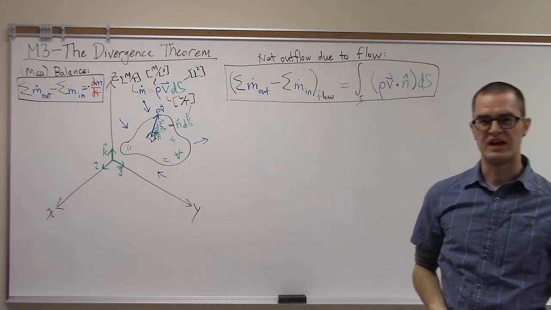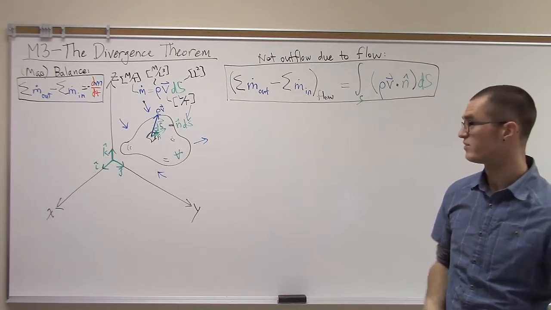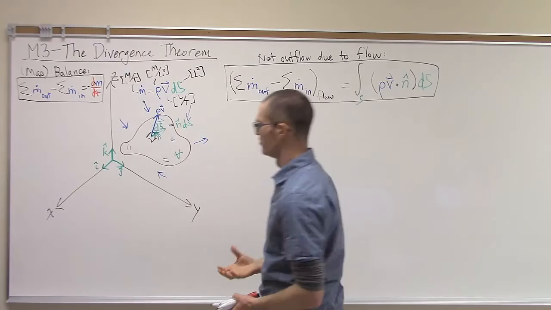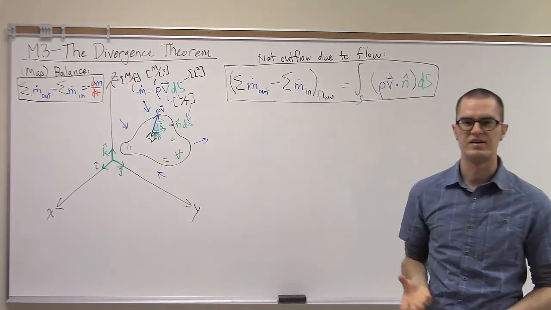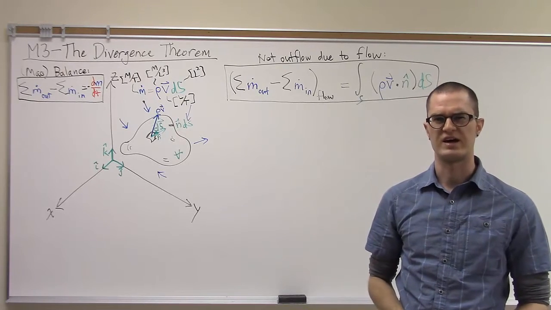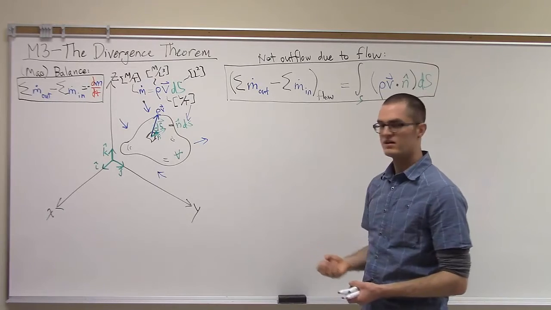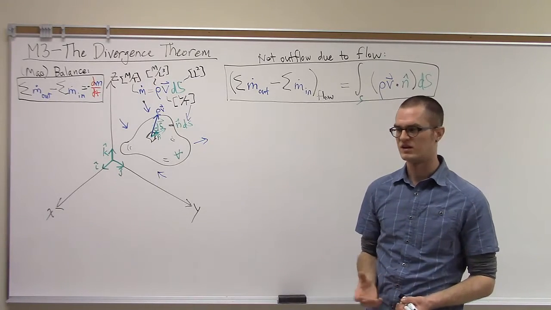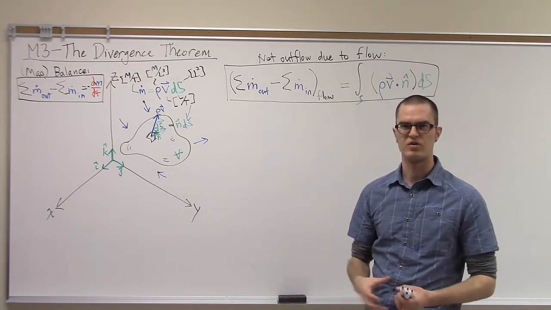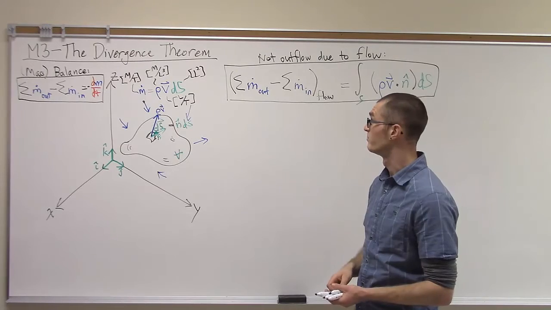Another way that mass can enter or exit the volume is through the generation of mass within the actual volume. So at every point within the volume, let's say in the example of a dissolved substance in a fluid, there could be chemical reactions happening in which the mass of the substance that we're tracking is either a product or a reactant, in which case it's being generated or consumed within the volume.